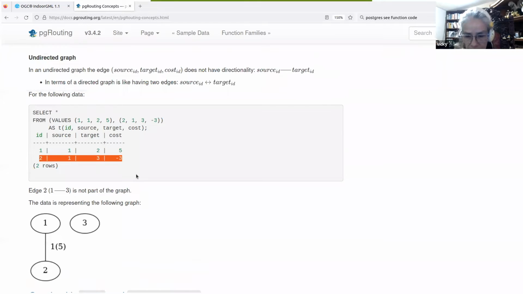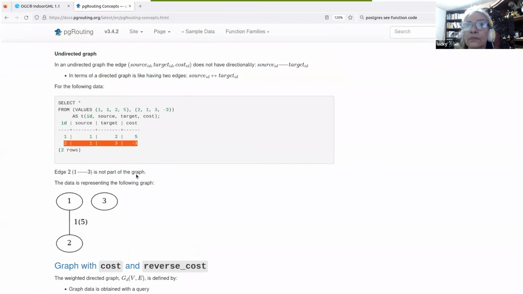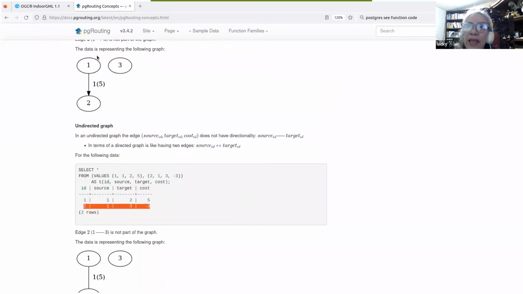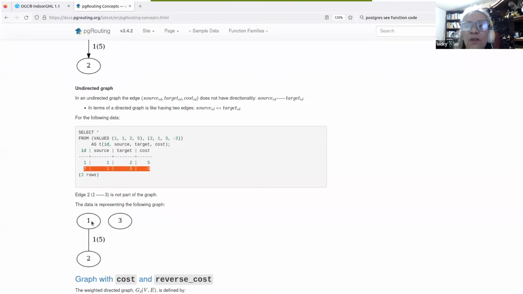The difference between both graphs, let's try to see both graphs. The directed one, you can go from 1 to 2. On the undirected one, you can go from 1 to 2 and from 2 to 1.